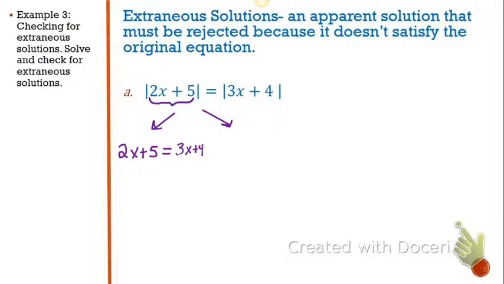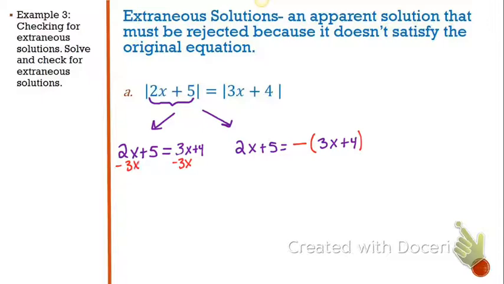Now, for the second one, because it could be positive or negative, we're still going to write 2x plus 5. But it could be equal to the negative of the second expression, 3x plus 4. Now we could use some algebra 1 to find the x value.